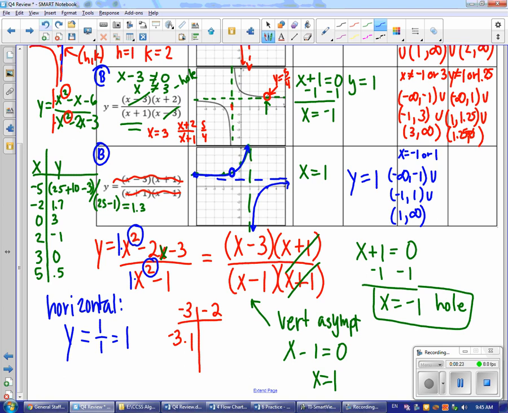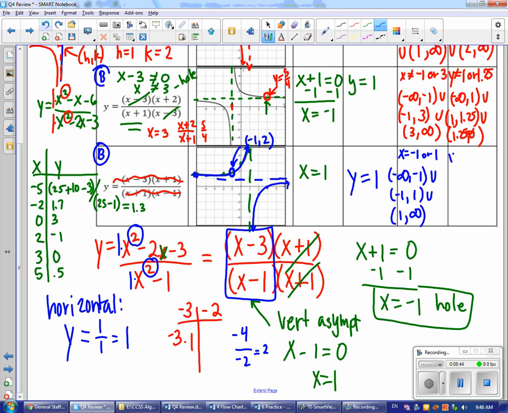You will not have to do this for the range. But if I were to plug in the value of -1 into what's left of my equation, I'm going to end up with -4 over -2, which reduces to 2. So this value here, where my hole is, occurs at (-1, 2). That's where my hole is. But that also gives me the value of y.